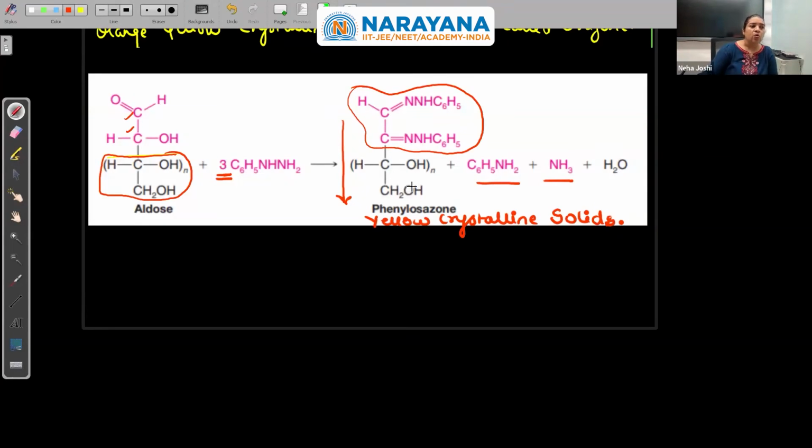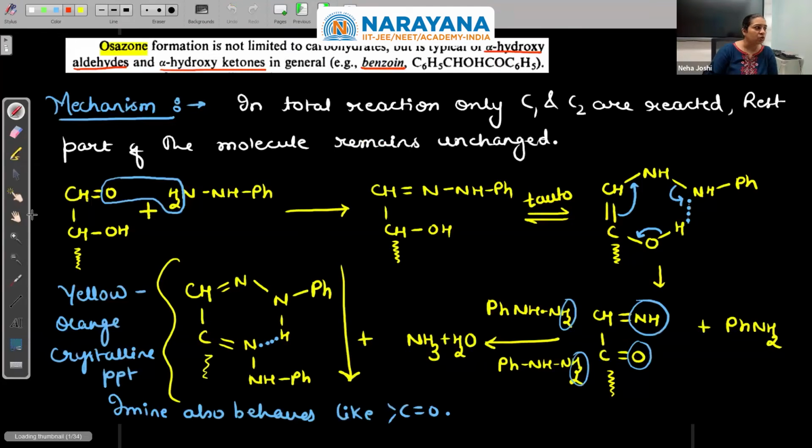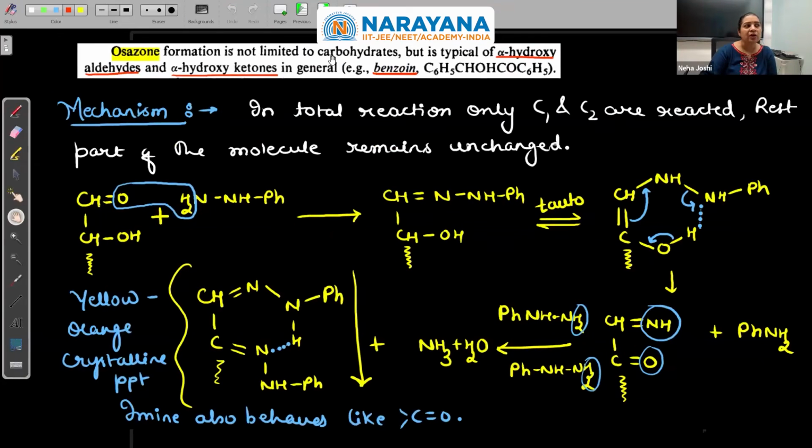These are called osazones. Now, what are these osazones? Osazone formation is not limited to carbohydrates, but is typical of all alpha hydroxyaldehydes and alpha hydroxyketones. In general, even benzoin can give osazone formation. So it is a property of alpha hydroxy carbonyls.